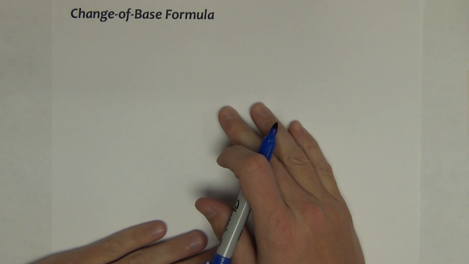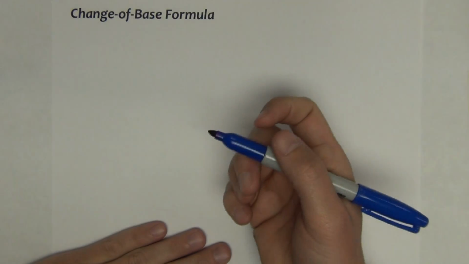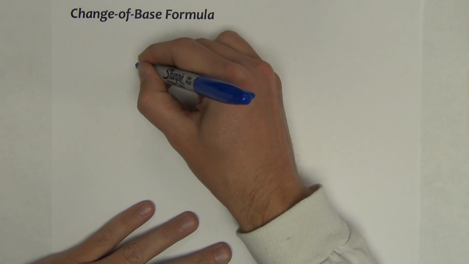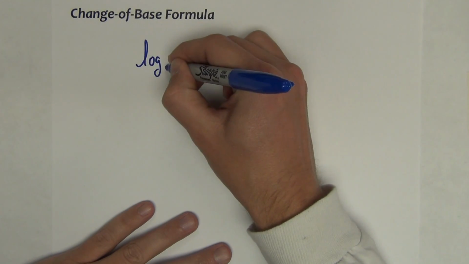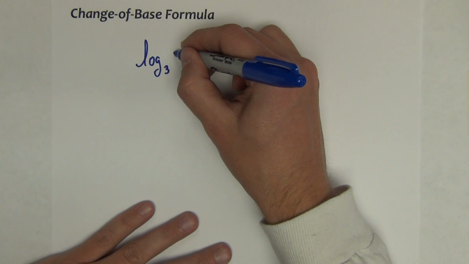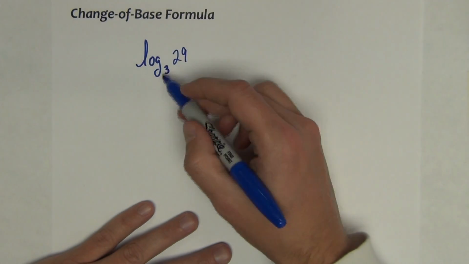Alright, last thing I want to go over in this section dealing with logarithms is a change of base formula. It can be useful whenever we have problems like this. Say I was asked to evaluate log base 3 of, say, 29. Okay, now, I'm not quite sure what that is.